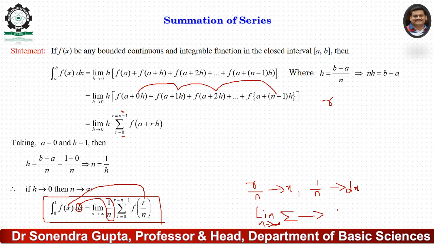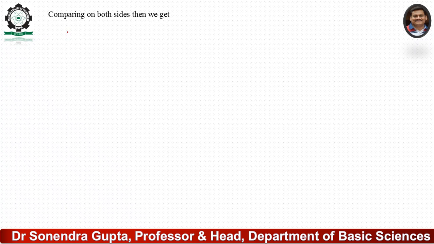Now what remains here? The remaining things are the limits, the lower and upper limits 0 to 1. These are evaluated from the summation's lower and upper limit values. How? Comparing both sides, the upper limit: as n tends to infinity, we have r equal to n minus 1 in the upper portion of the summation.